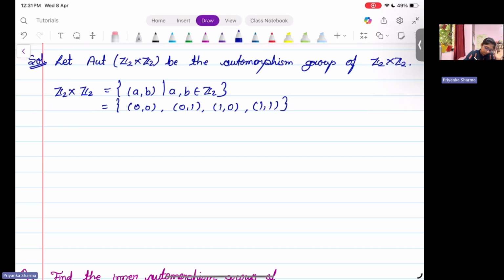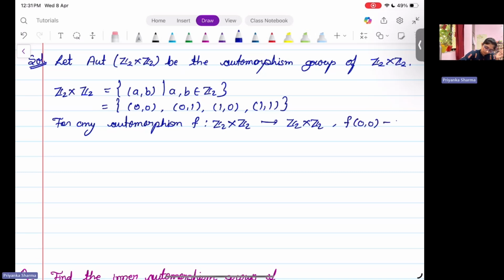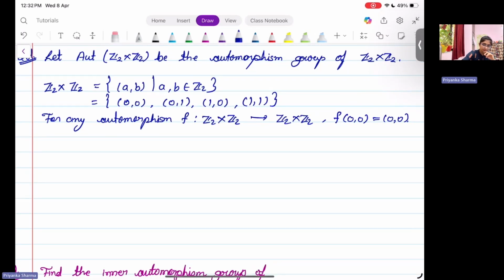Now, for any automorphism F from Z2 cross Z2 onto Z2 cross Z2, we have F of 0, 0 is 0, 0 also, because the image of the identity under any automorphism will be the identity. Actually, this is true for any isomorphism: the identity of the first group will be mapped onto the identity of the second.